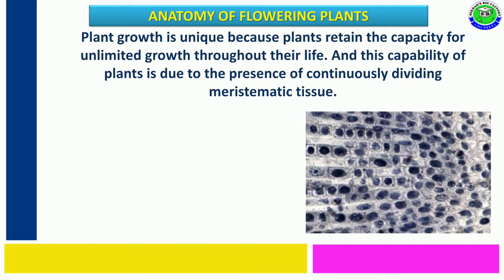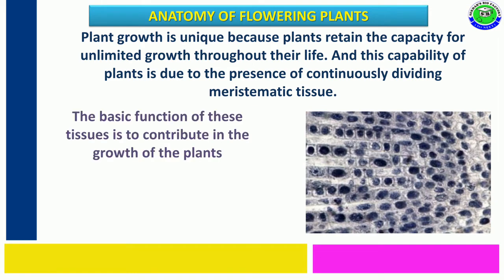In the plant body, growth is unique because plants have the capability to divide continuously to perform unlimited growth throughout their life. This capability is due to the presence of a continuously dividing special type of tissue called meristematic tissue. The basic function of this tissue is to contribute growth through continuous cell divisions.